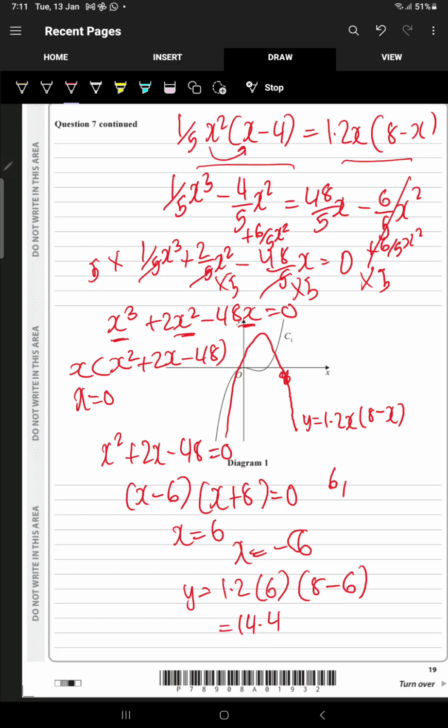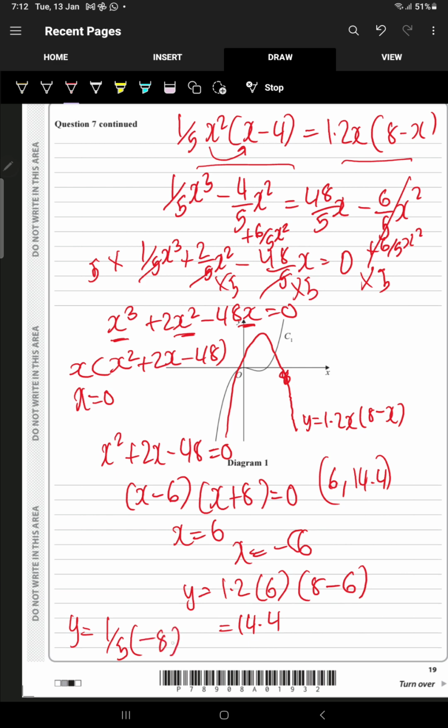Now again, if we substitute minus 8, so we have 1 over 5 times minus 8 squared. I'm selecting that equation, times minus 8 minus 4.